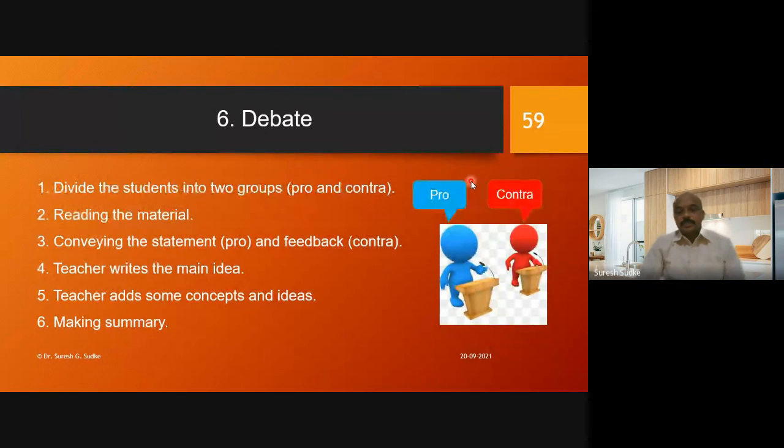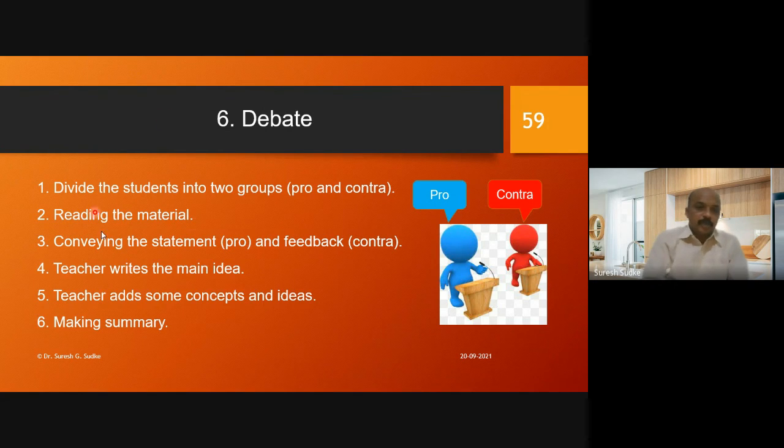So initially, what does the teacher do? The teacher divides the students into two groups. To one group, we give the task to speak positively about that particular topic. And to the second group, we give the opportunity to discuss the negative part of that topic.